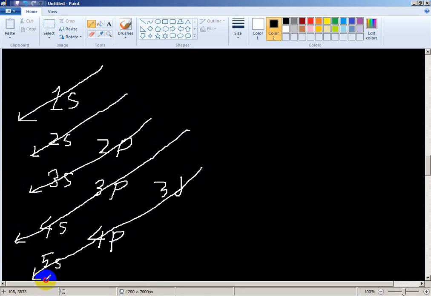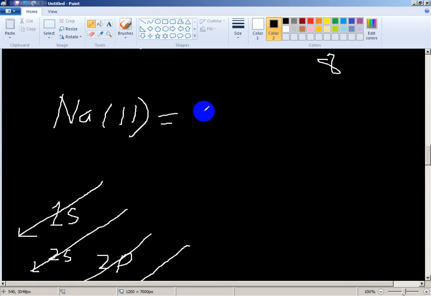So electrons enter first the 1s orbital.